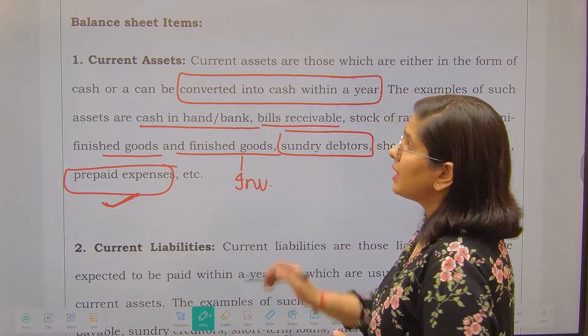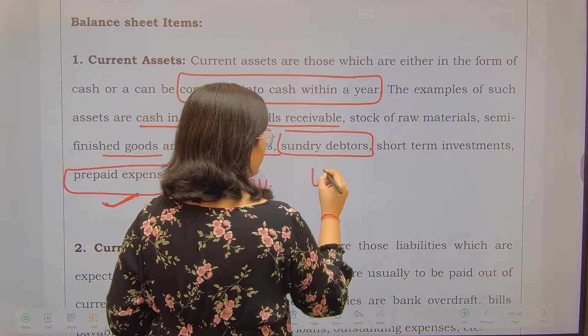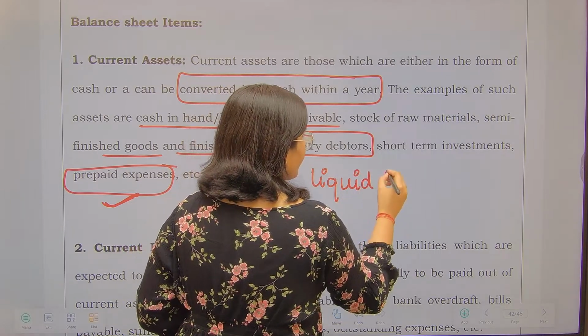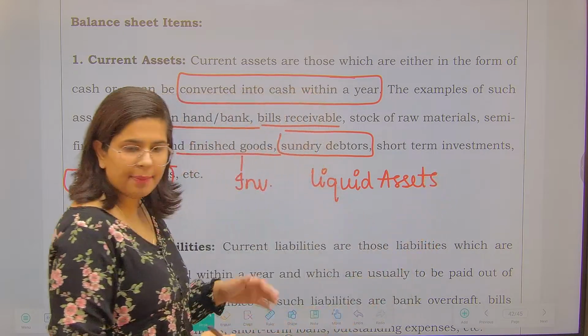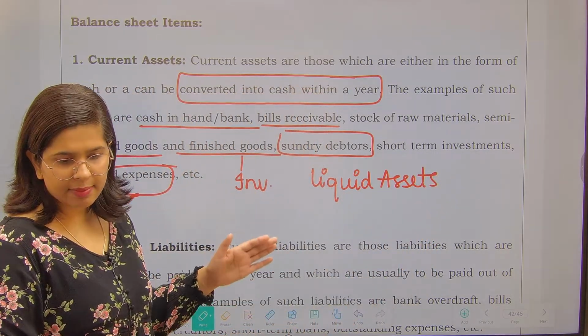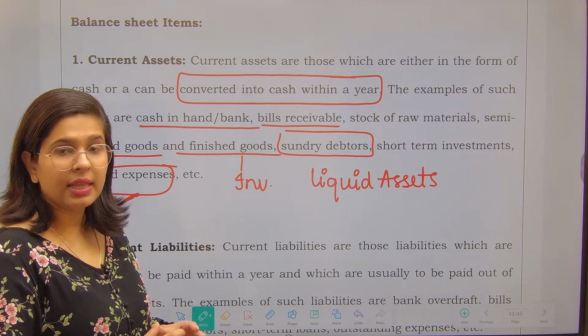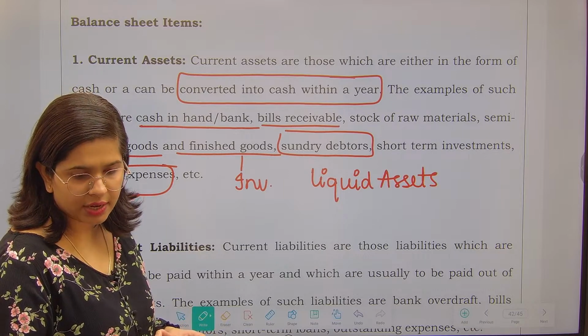Next thing is, जब आप current assets जान गए हैं, so also please know about liquid assets. Liquid assets are those assets, this is not represented in the balance sheet, please remember, but this is a vital concept when you calculate the accounting ratios.